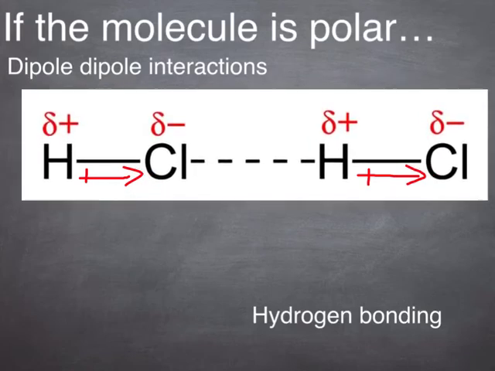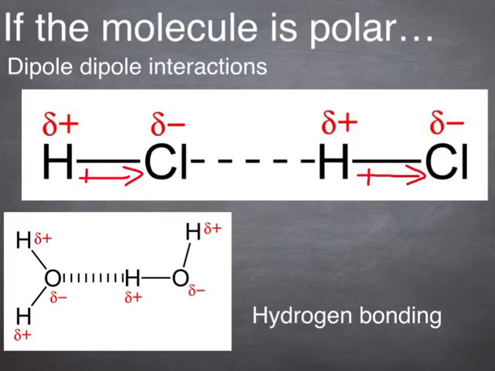Now there's a special type of dipole-dipole interaction, and that is called a hydrogen bond. You've already seen it in the last one. A hydrogen bond is a special type of dipole-dipole interaction.